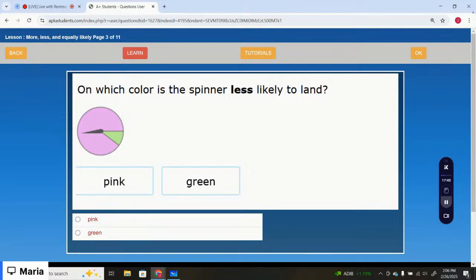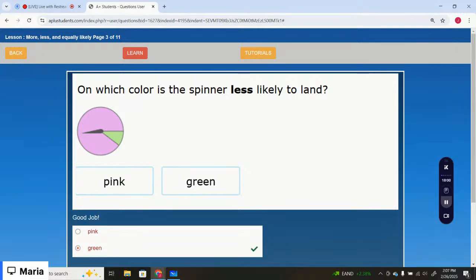The spinner has more portion pink and a smaller portion green. It will more likely land on pink, and green has the smaller portion, so it will less likely land on green.